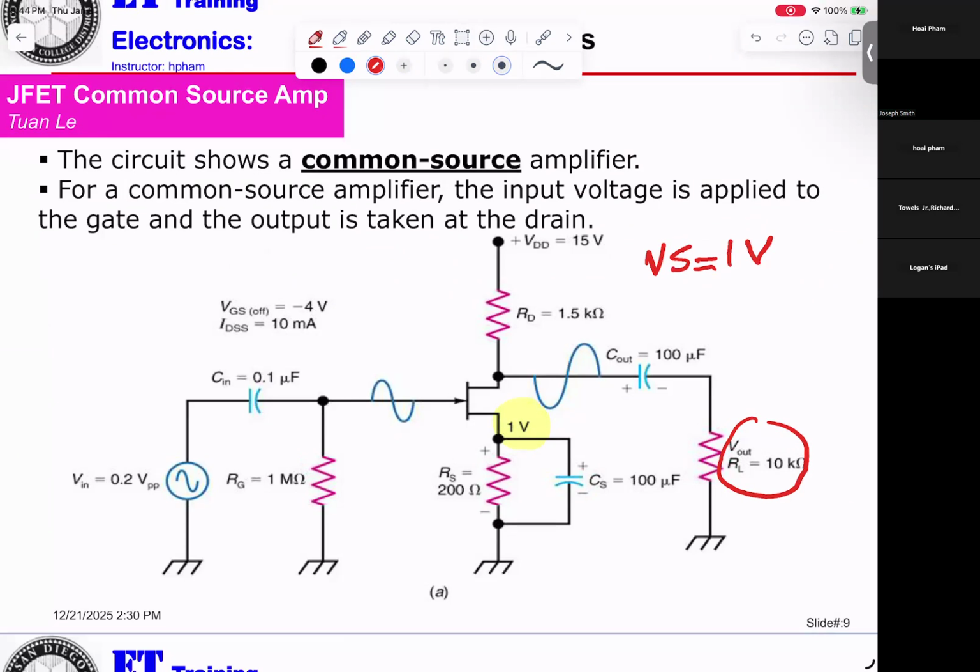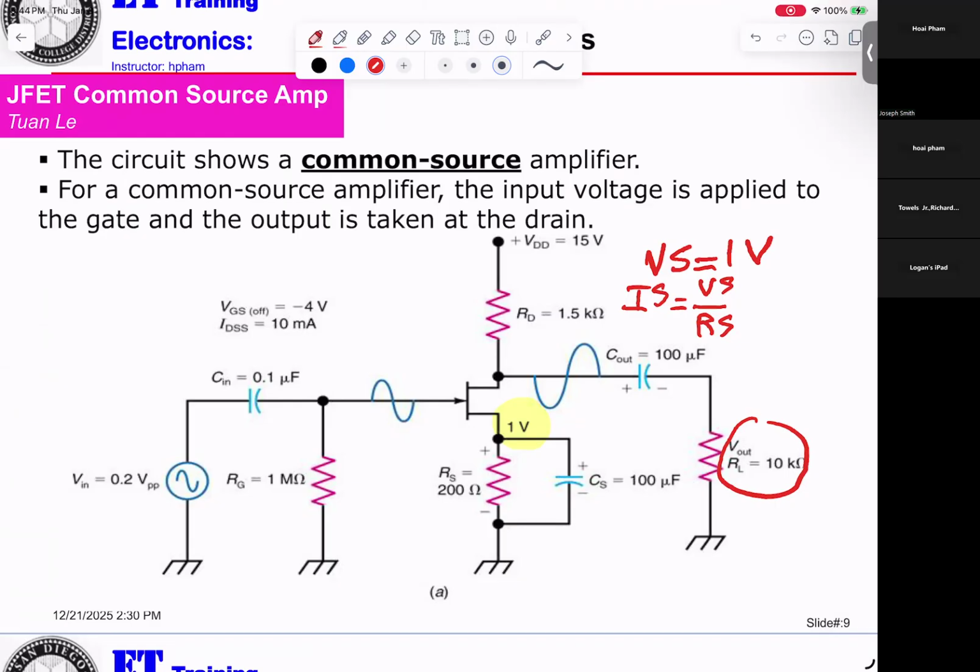So now, if they give you a VS of 1 volt, can you calculate the IS? VS divided by RS. 1 volt divided by 200 ohm.